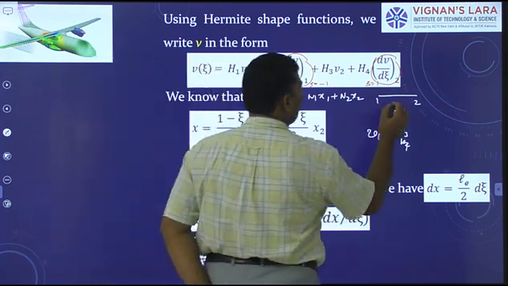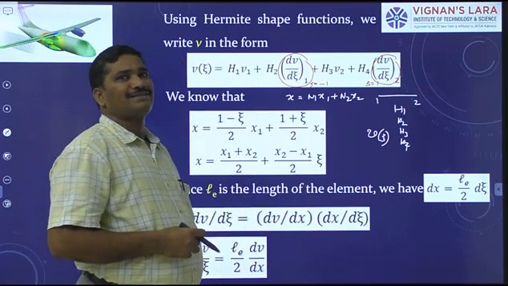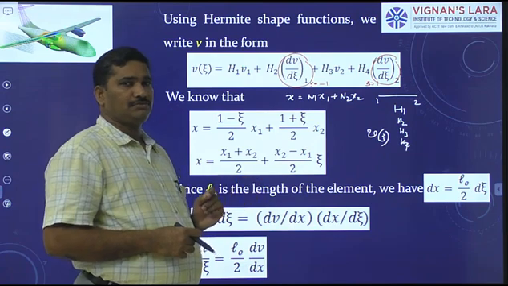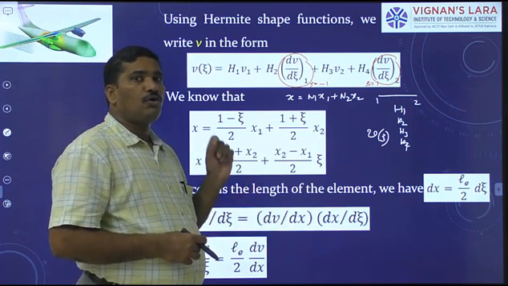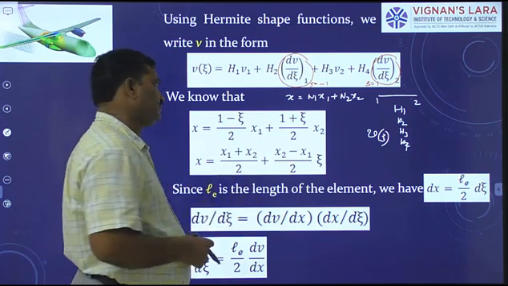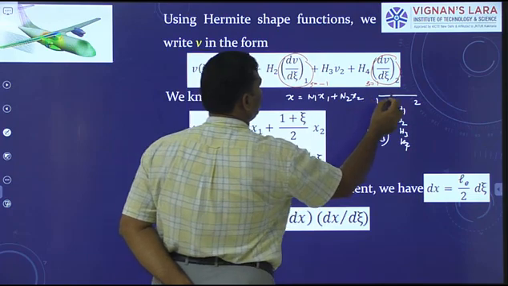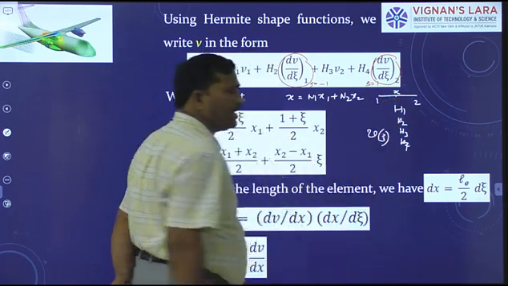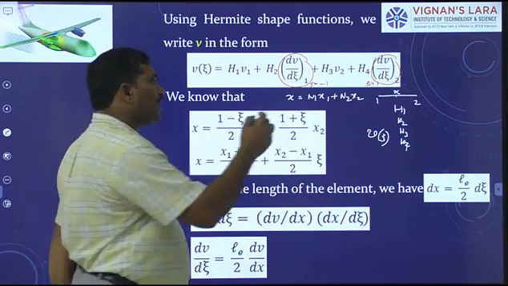Therefore, any point in this element is specified by the coordinate x. X we use here as the global coordinate and J we use here as the local coordinate for the beam element. Therefore, using isoparametric formulation, we can specify any point in the element by its x coordinate.